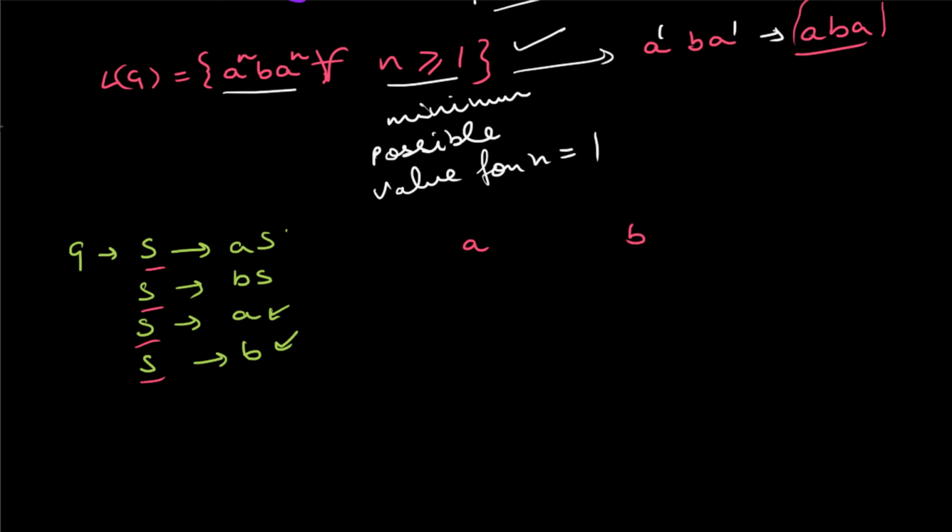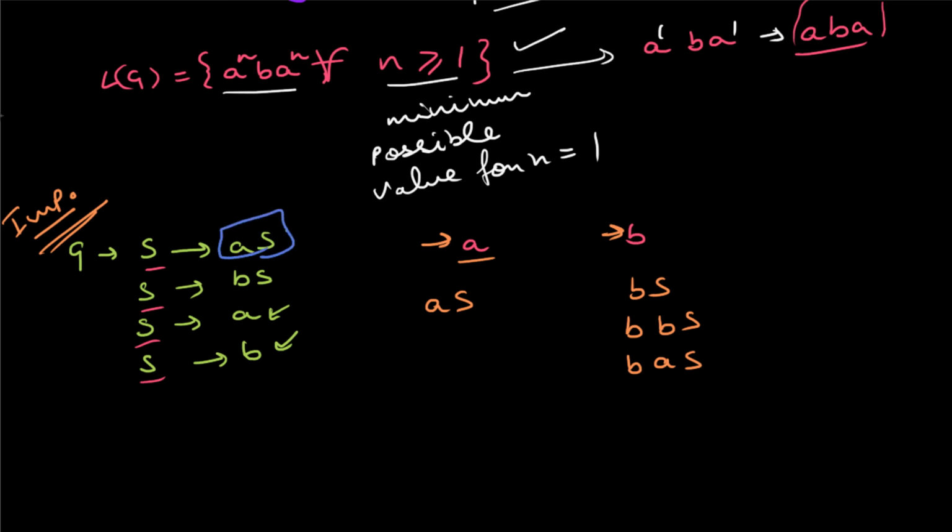This is actually an important case. Let's write important here. You can see we can just terminate the string by using A or B, or we can use AS and BS, and then we can go on making ABS or BAS. Now let's give all of them a color. It'll be easier to identify.